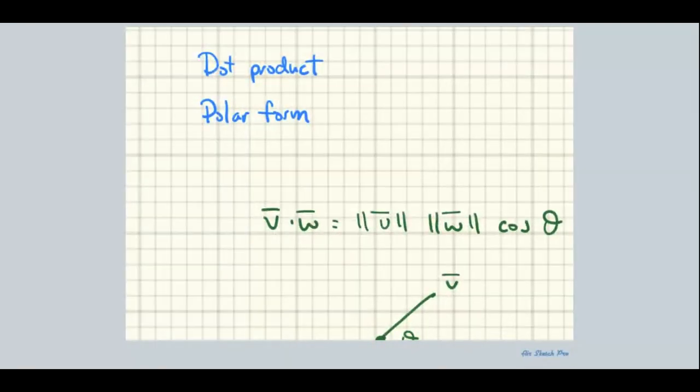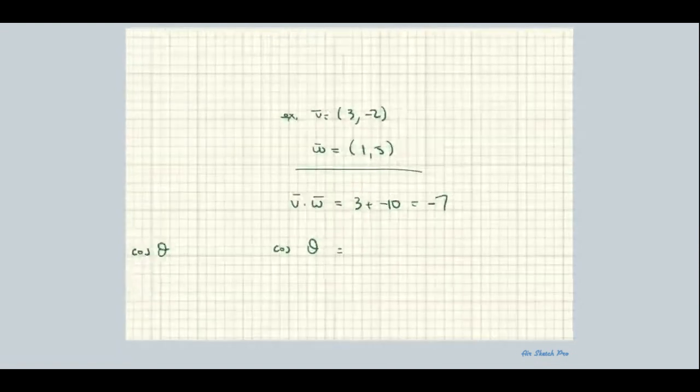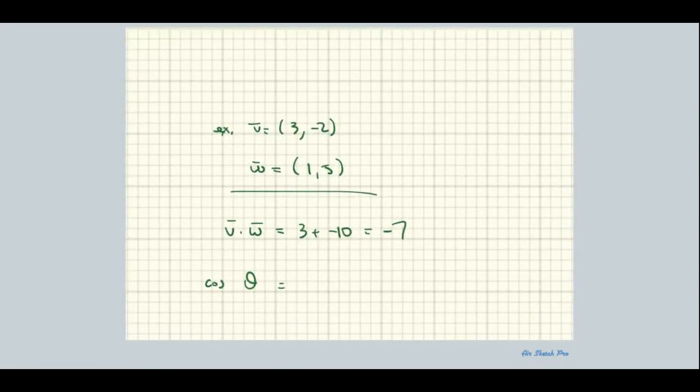There's the cosine of theta. It's the dot product divided by the lengths. What's the length of v? And then what's the length of w? What's the length of v, guys? Somebody? It's the square root of what number?